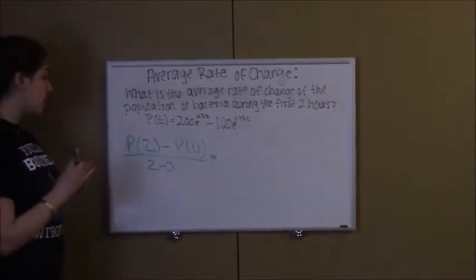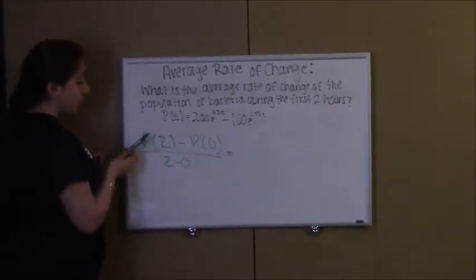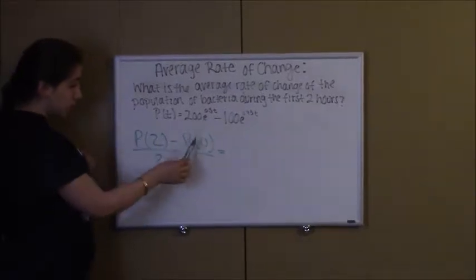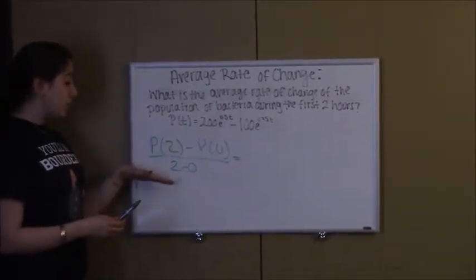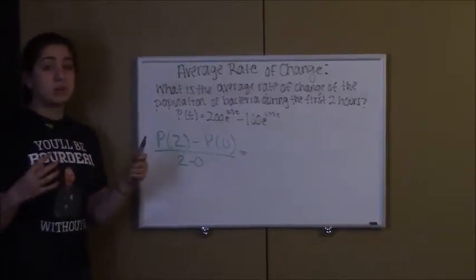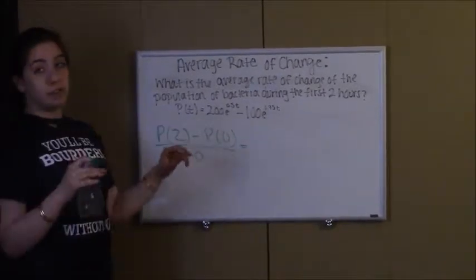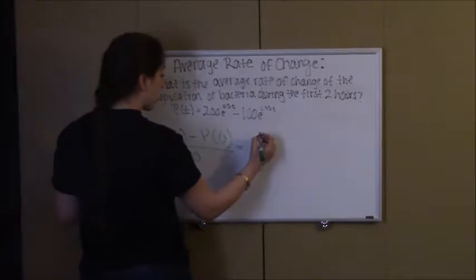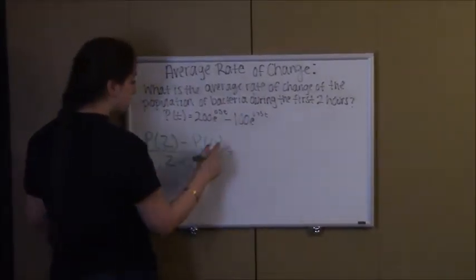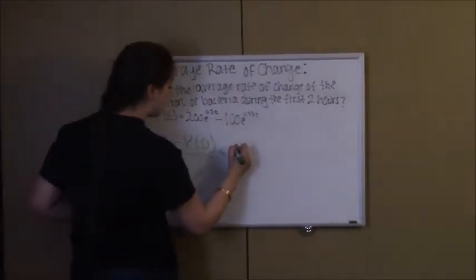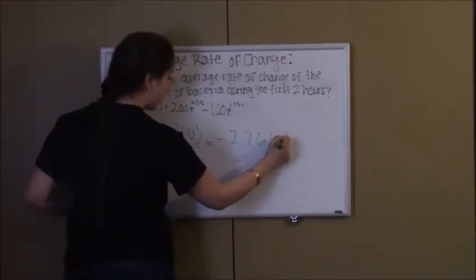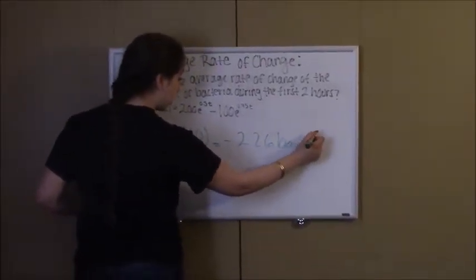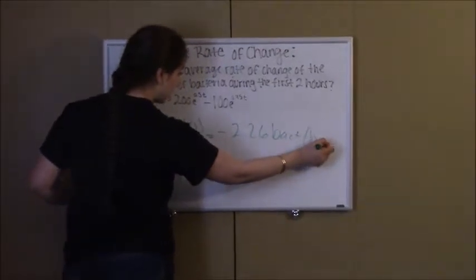We do this because we'll be finding the population at time 2, and then the population at 0, and then when we divide by the total time, that will give us the average rate of change. So when we plug 2 and then 0 and then divide by 2, we end up with negative 2.26 bacteria per hour.